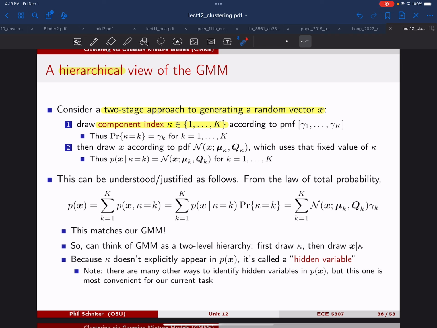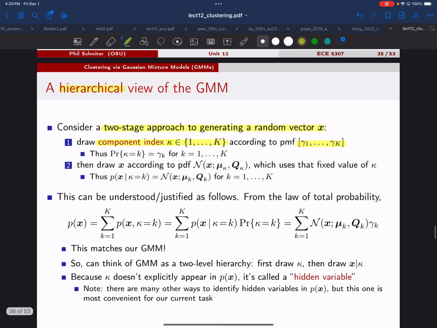The PMF you use to draw this is just the vector of weights gamma. For example, if I had two components and my weights were 0.8 and 0.2, that means with 80% probability I would be drawing from the first mixture component and with 20% from the second. That's the first stage.